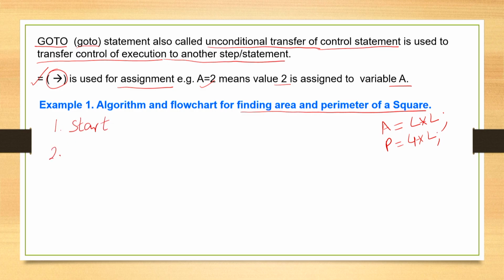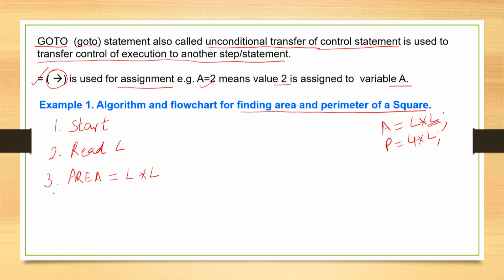Then obviously you have to read the length of any side, so read L. Then for computing the area, suppose I have used a variable area that stores the area of a square. So this will be equal to L into L.